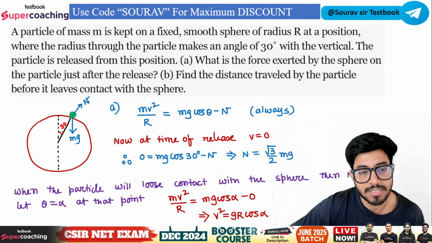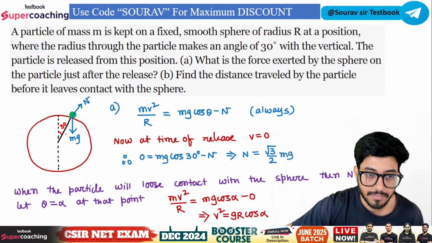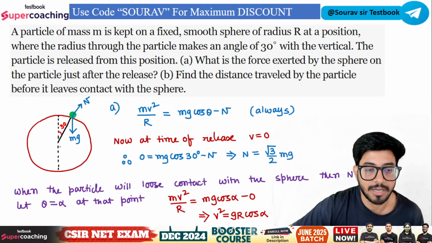Okay, this distance is your r, right? So this is r cos theta. This height is r cos theta, this height is r sin theta. So this is r cos 30 plus r.